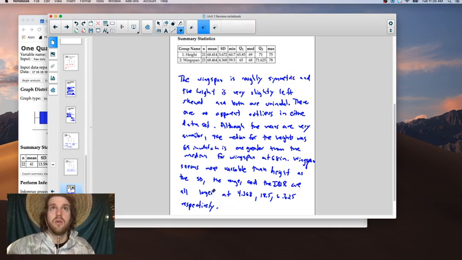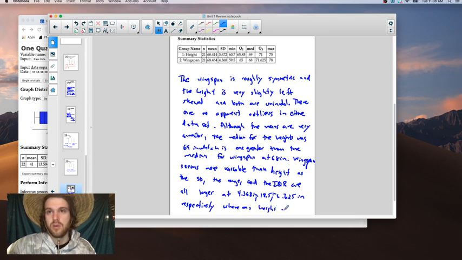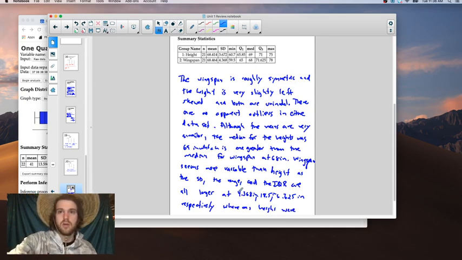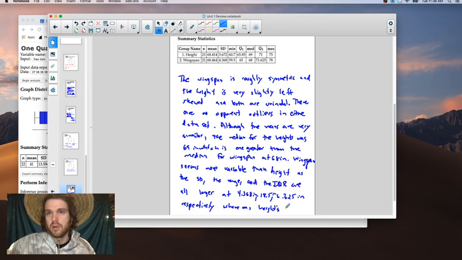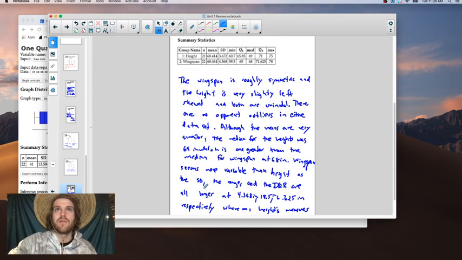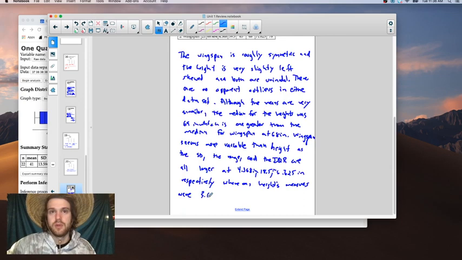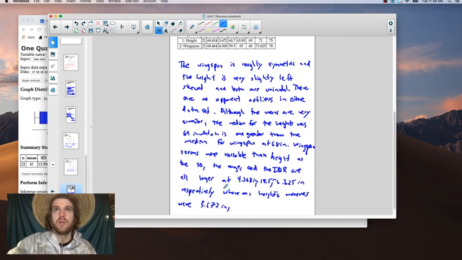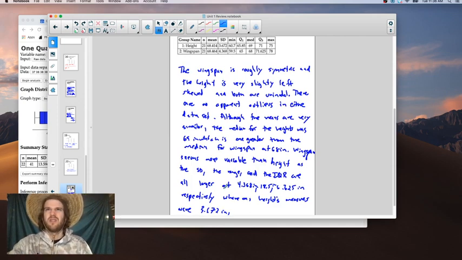And I think a whereas would be nice here. So you say the wingspan seems more variable than the height, as the standard deviation, the range, and the IQR are all larger at 4.3 inches, 18.5 inches, 6.65 inches, respectively, whereas the heights measures, scrolling down, were 3.672 inches, comma, what is that?